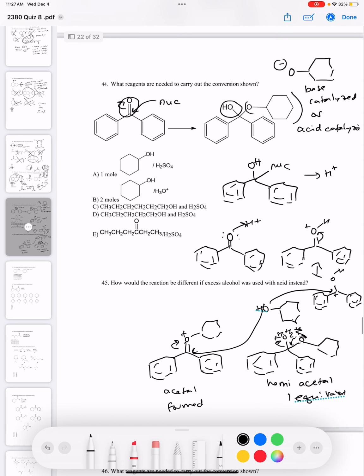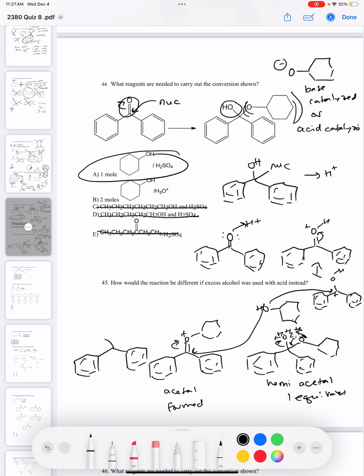So we need one equivalent of this for it to work, and that looks like this to me. I don't even know what these are. We'd have to look at them and draw those structures out, but they're not the ring that we need. So none of these look correct to me. We know that we need this nucleophile, so that's how I got here. Now the 2 moles, if we kept reacting, it would end up with a full acetal formed, which looks like this.